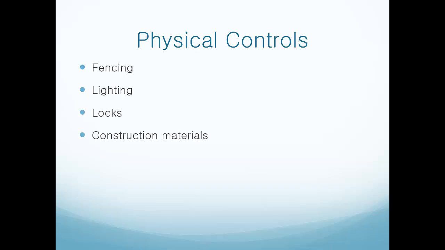Physical controls include things such as fencing, lighting, locks, construction materials, man traps, dogs, cars, and so on.